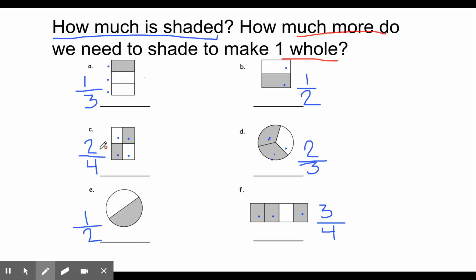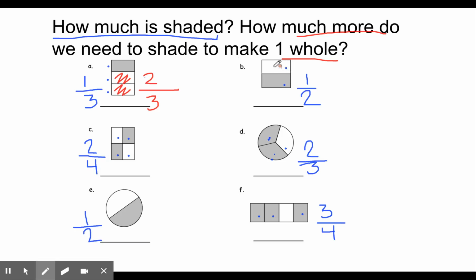A. Here's another third. Here's another. How many did I shade in? I shaded in 2, but it's still divided into 3 parts. So it would be 2/3. 1/3 plus 2/3 equals 1 whole.